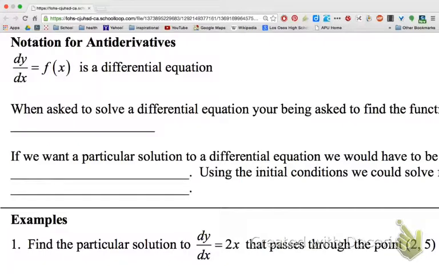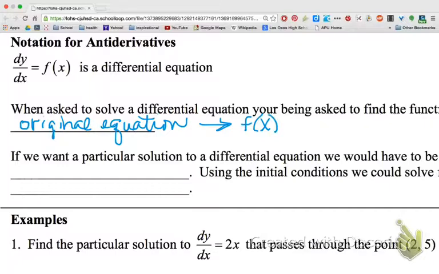So when a problem says solve the differential equation, what it's asking you to do is get back to the original equation. In other words, even if you're at second derivative, get all the way back to f of x. But here's the problem: initially all we're going to be able to find is a general solution.